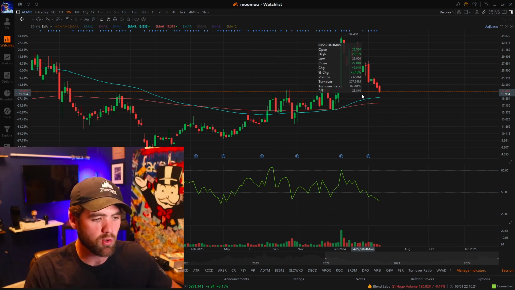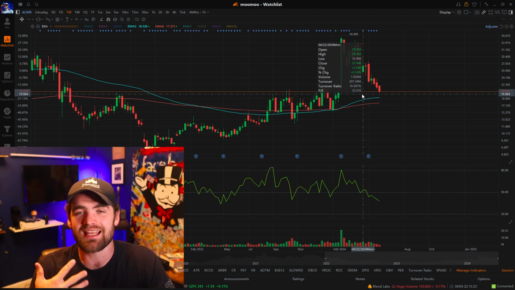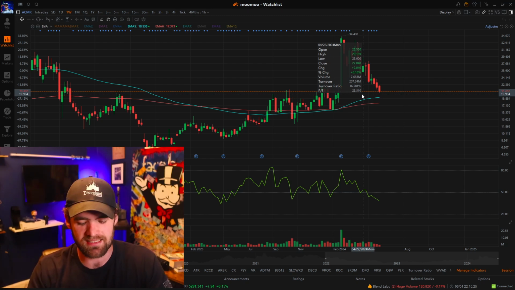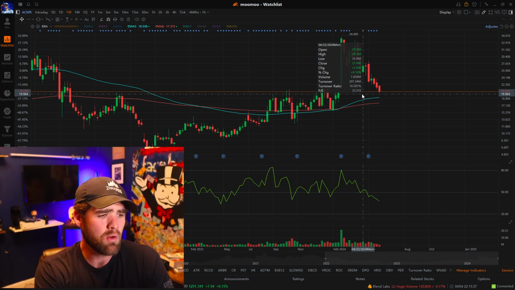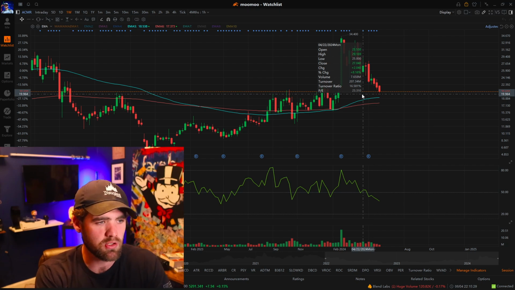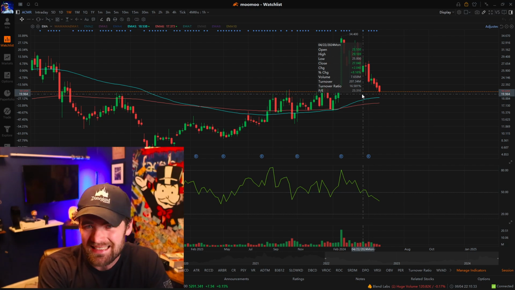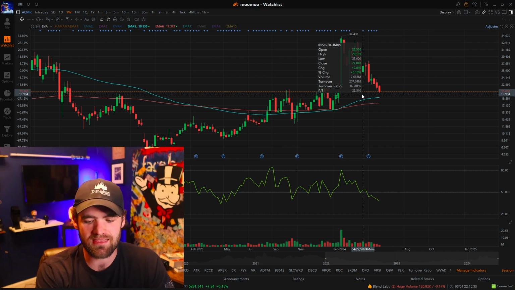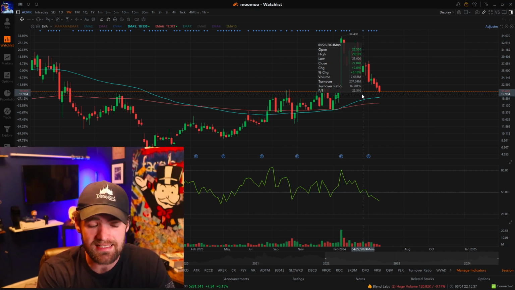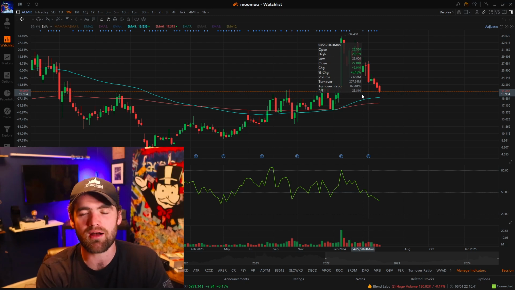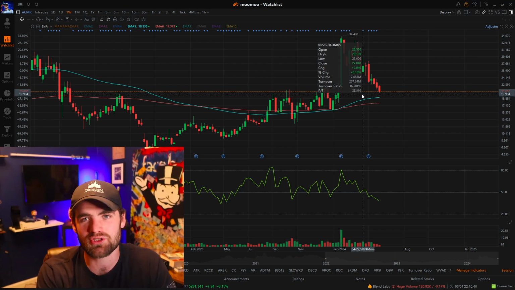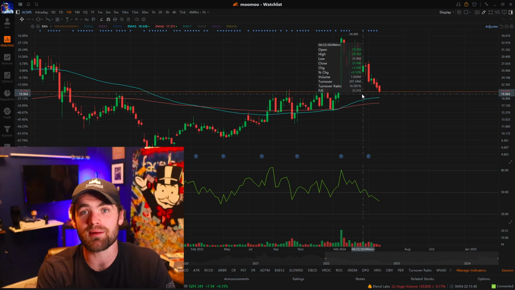Moomoo is a broker, which pretty much gives us, the average investor, a way to buy and sell different stocks. Now, the reason I love Moomoo is because their charting is fantastic and they do have great scanners. But the biggest thing that I think a lot of beginners don't utilize is the paper trading simulator that Moomoo offers. It's completely free, it's real time, it's no extra cost, and it's a great way to practice.